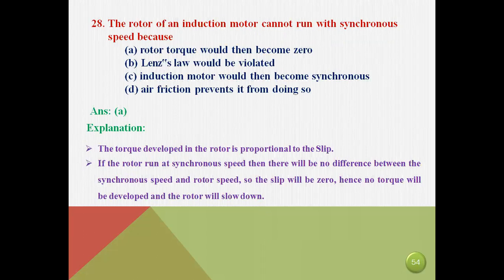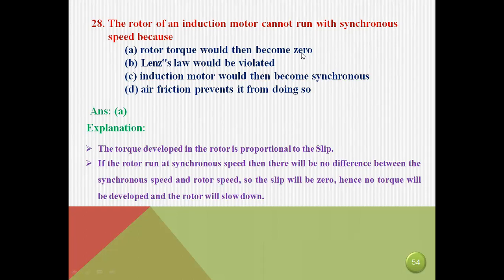Again there is a question like: the rotor of an induction motor cannot run with synchronous speed, because what we are saying is, we are supposed to take the rotor speed always less than the synchronous speed. The answer is that rotor torque will become 0.